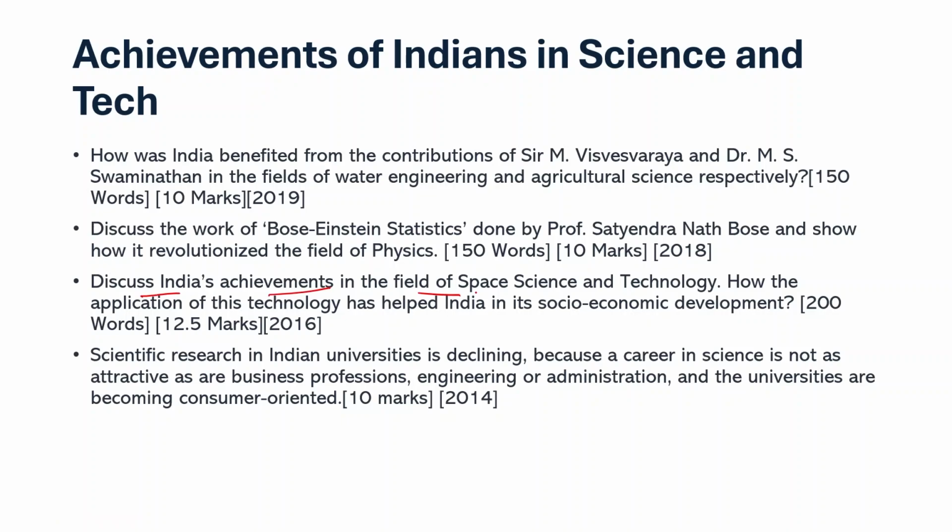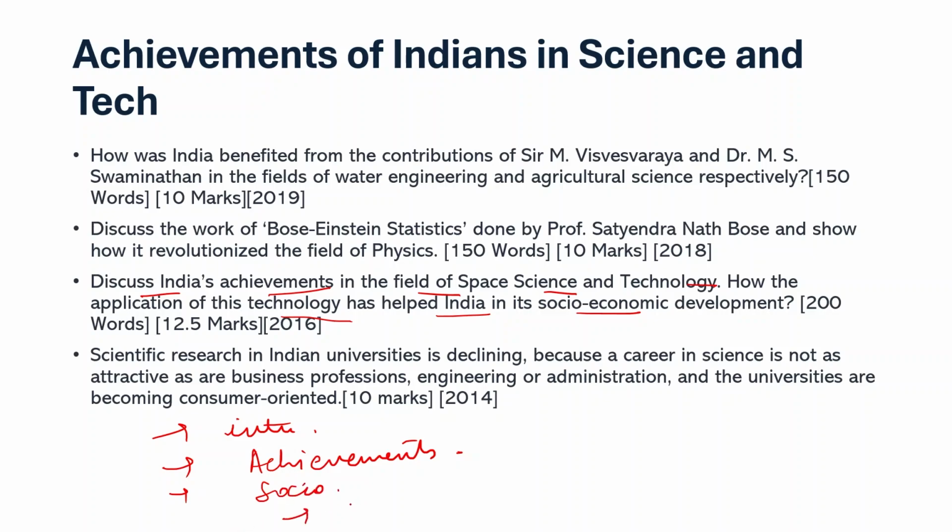Discuss India's achievements in the field of space science and tech, how the application of this technology has helped India in the socio-economic development. Again, a very simple structure: intro, then you write about achievements of India in space science and technology, right? Then you write about how it has helped in the socio-economic development.